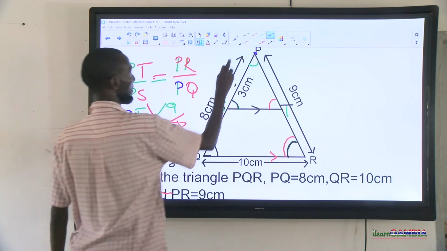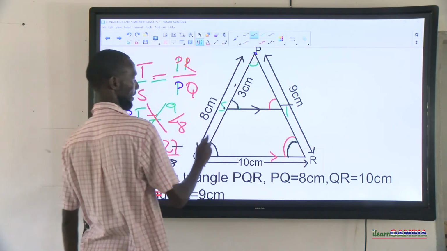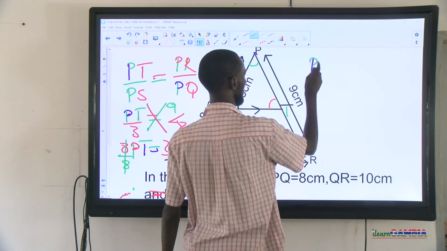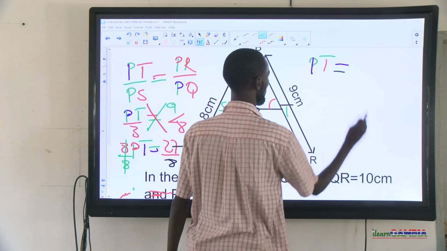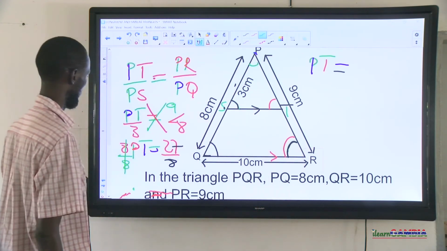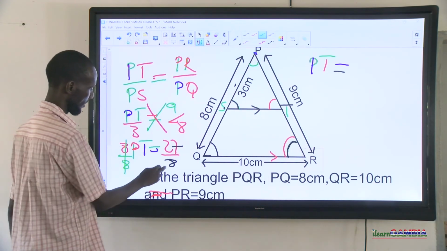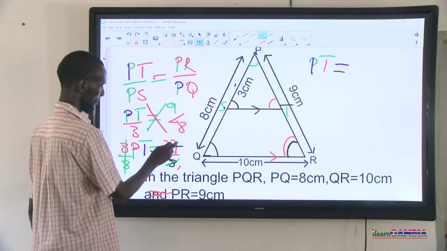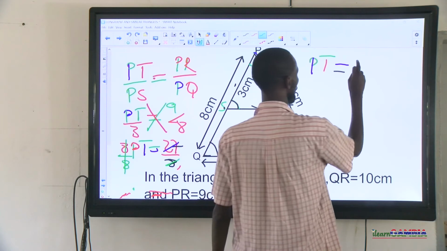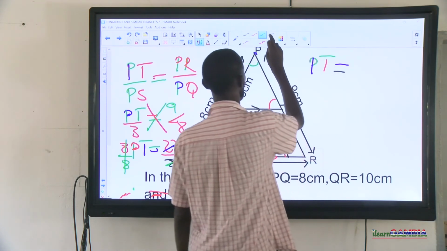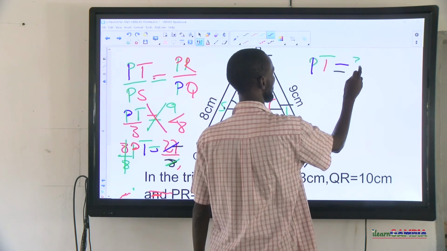So we have PT, which I will write here. PT would therefore be equal to, let's divide 27 by 8. 8 can go into 8 once. 8 can go into 27. That will be 3 times.